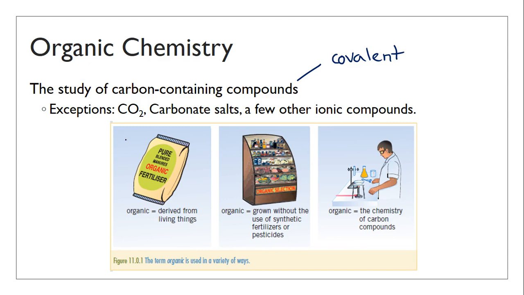So any compound or even molecules that contain carbon is considered an organic compound, with the exception of carbon dioxide, the carbonate salts, maybe some other compounds that you don't have to worry about too much. So the term organic has multiple meanings, but in the case of chemistry, it's just anything that contains carbon, with some exceptions.